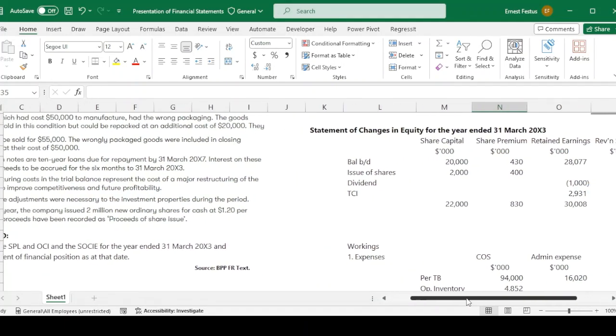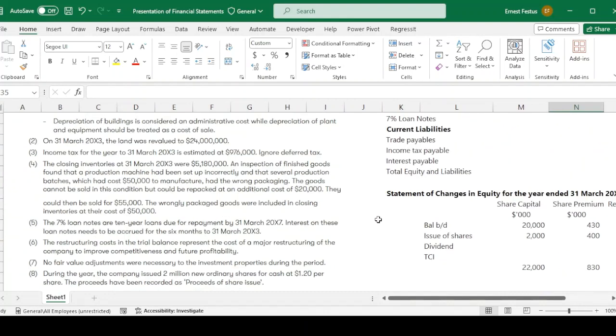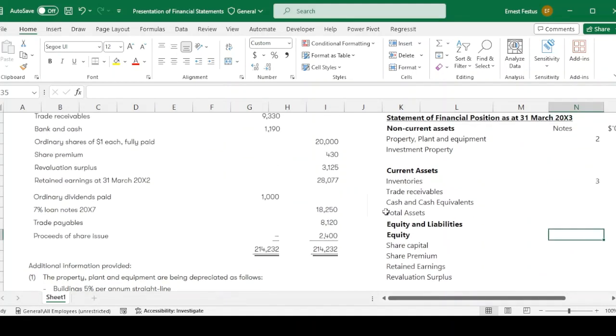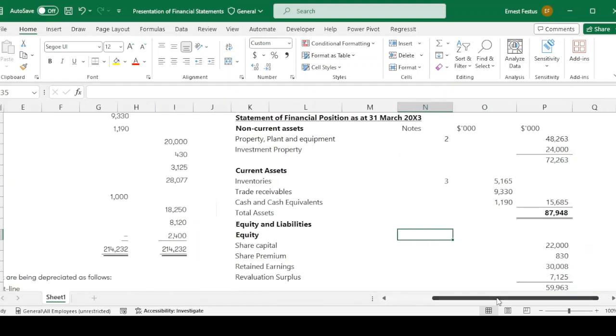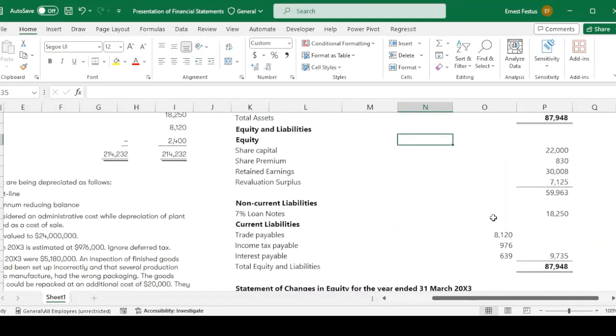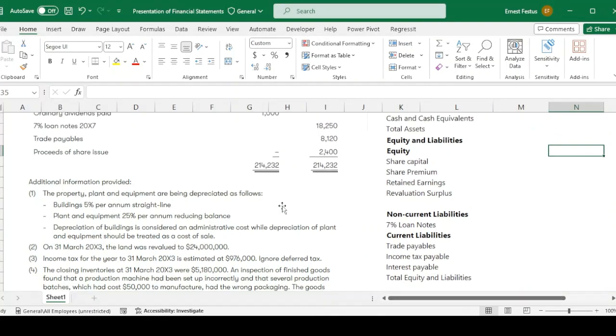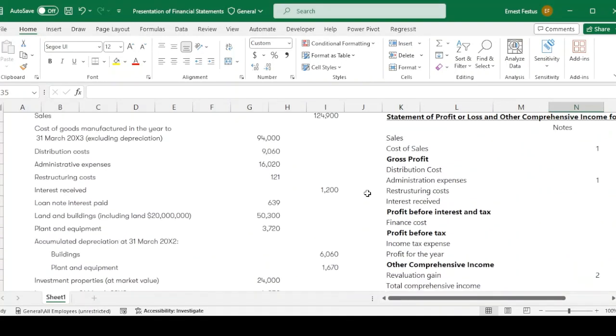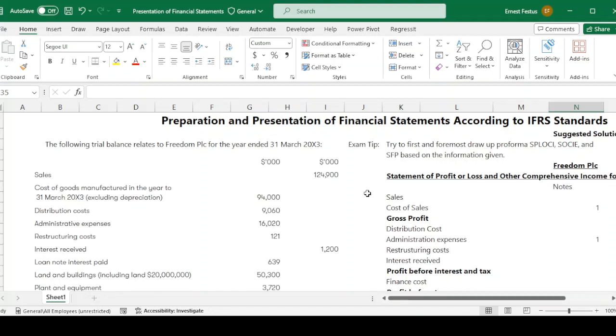So what we have covered in this video is very key to you understanding how to apply the IFRS standards when preparing your financial statements. What I want you to take from this video is that whatever item you want to deal with within the financial statements, each of the items is actually treated under a particular standard.